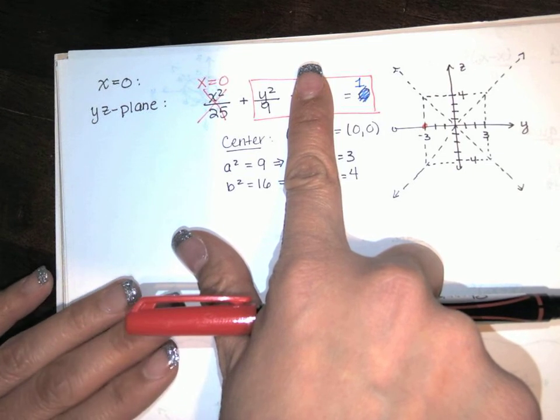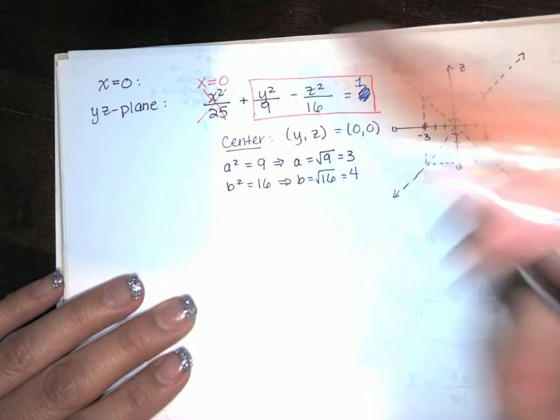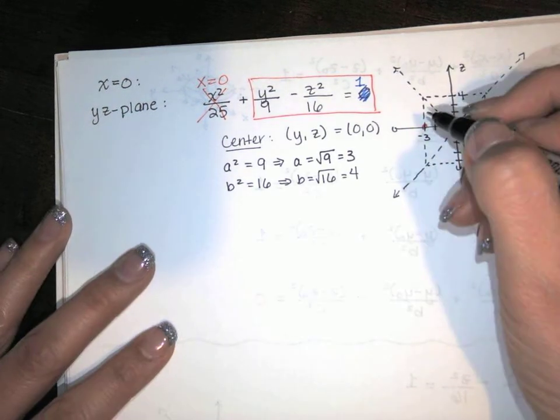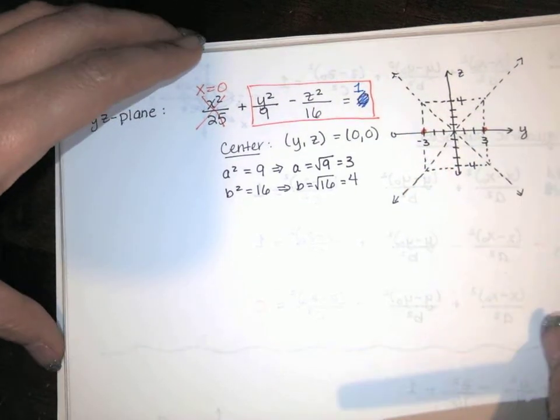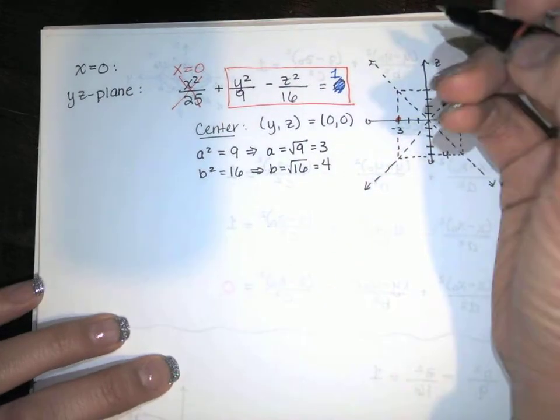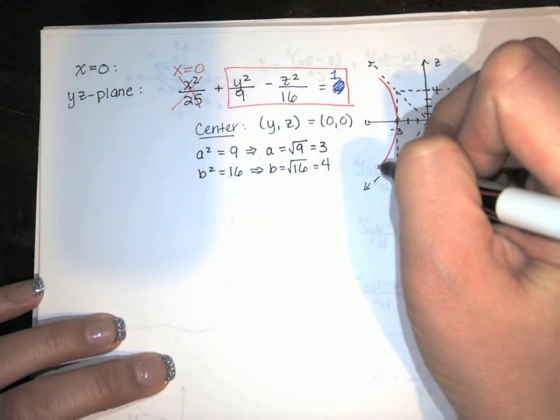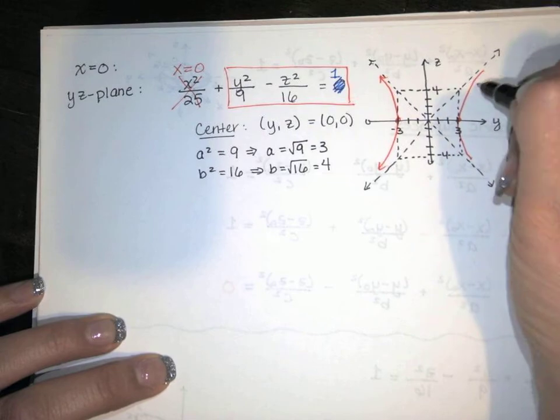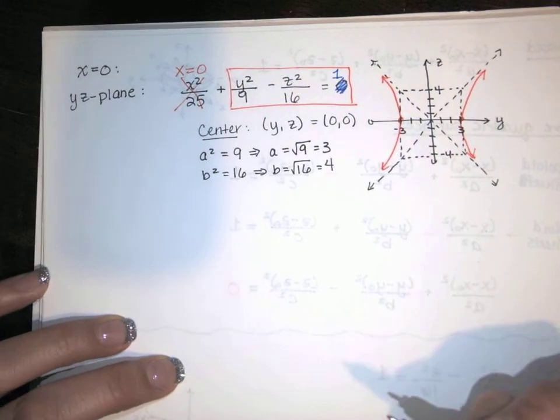So y squared equals 9, so y equals plus or minus 3. That means when y equals negative 3 and 3, those 2 points are on our hyperbola. Or you could just say the y is positive, so it's going to open on the y-axis.